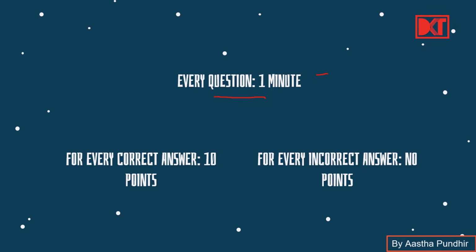Because you see, your question paper of IEO has about 50 questions, and so you can imagine that you get more or less a minute to answer the questions. Now this 1 minute is the maximum that you should be taking for answering the question.